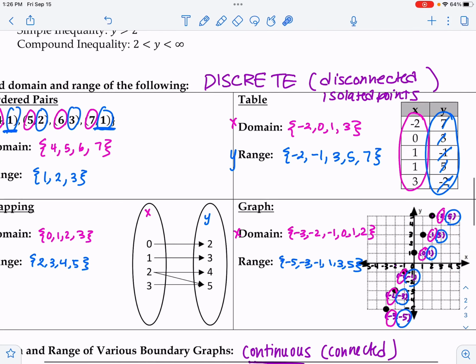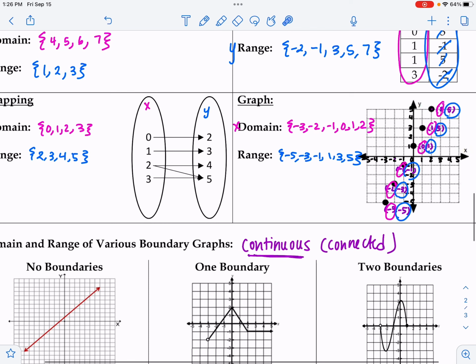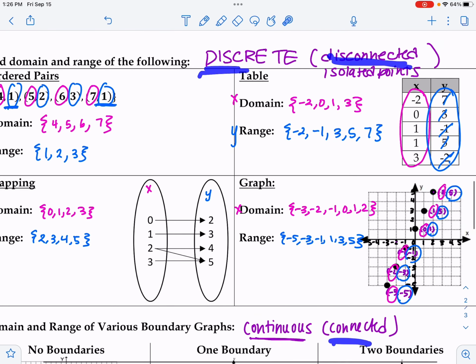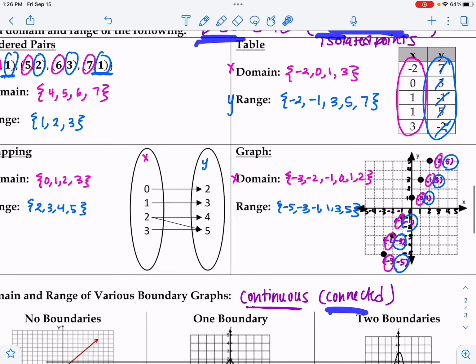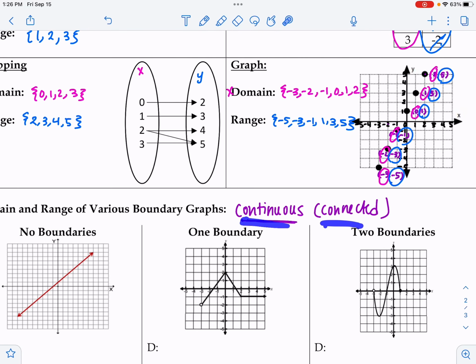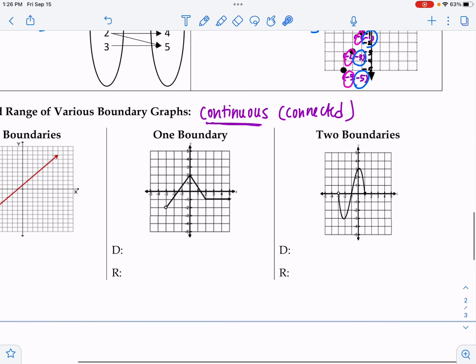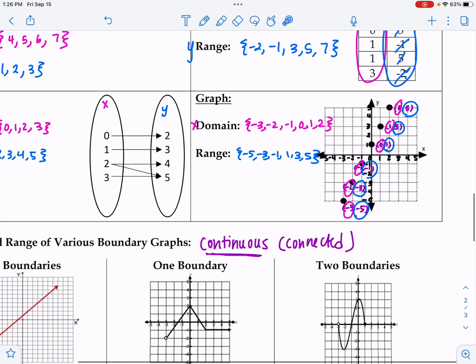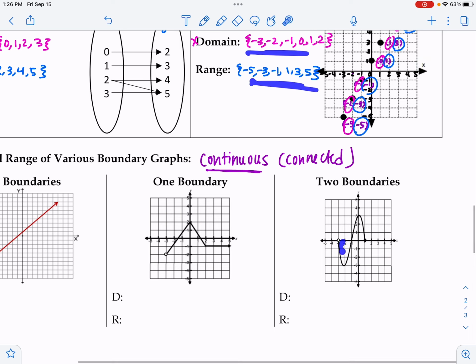So discrete just means disconnected. Continuous just means connected. And so I remember it because it's discrete, disconnected. And then this is continuous, connected. Okay, and so the reason why we care about that is because we can't list our points with a continuous graph.